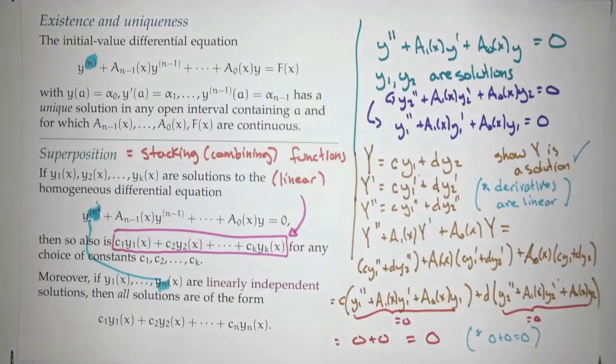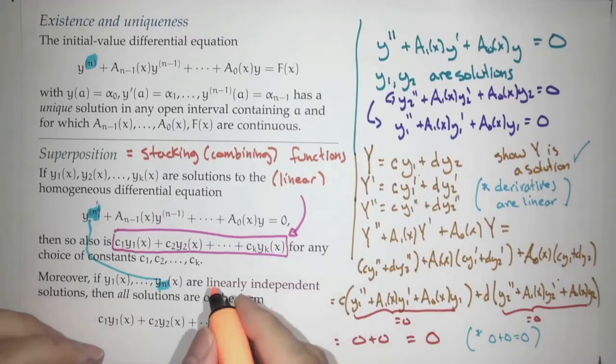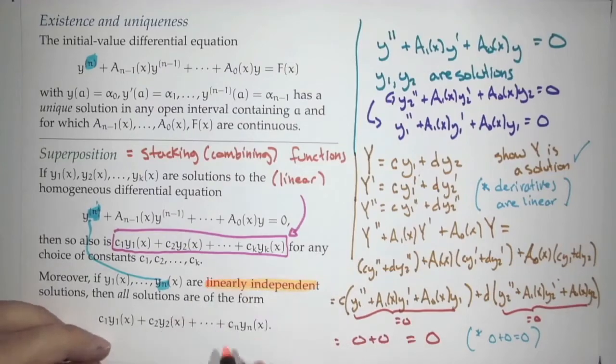But not only do we have n solutions, they're linearly independent solutions. I'll come back and talk about linearly independent in a second. The punchline is: any solution that you have is some linear combination of those n solutions.